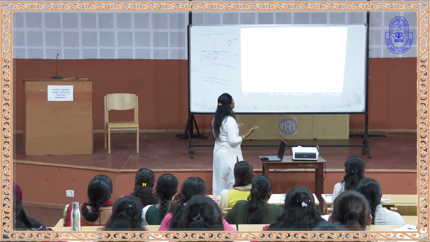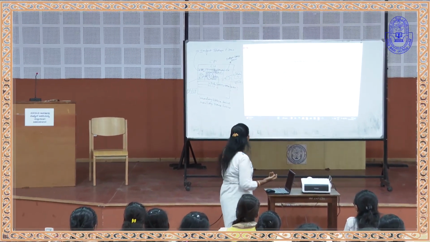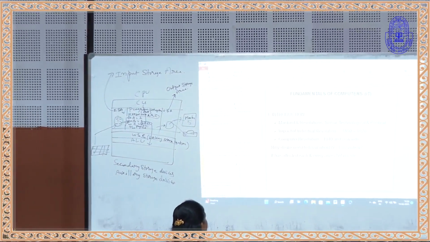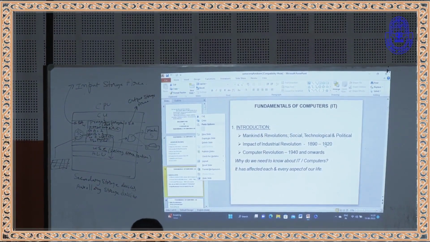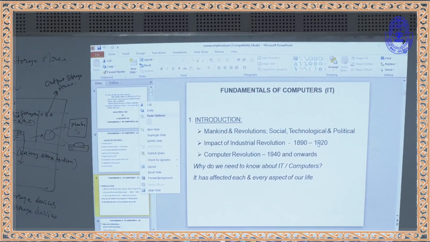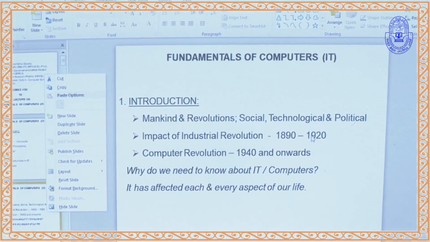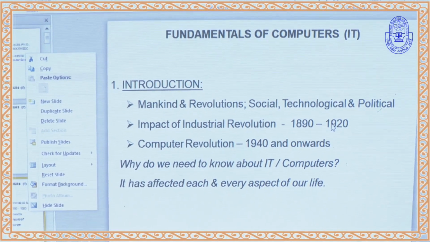See, why do we need computers? All that I'll tell you. This computer started because of the impact of the industrial revolution, 1890 to 1920, then the computer revolution started from 1940 onwards. We will learn the different 4-5 generations of computers.